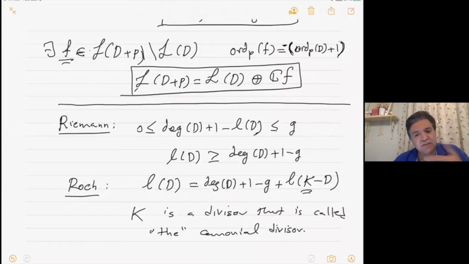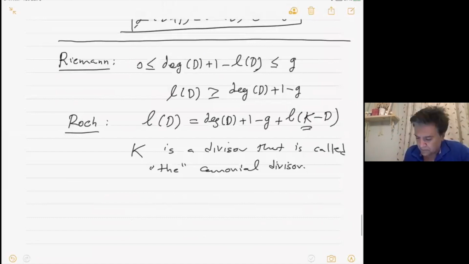The difference of any two such canonical divisors is going to be the divisor of a function. And therefore, as long as we care about the dimension of the space, it doesn't matter. Any of these Ks will do the same, because they all give the same number here as L of K minus D. So what can we say about this mysterious K?